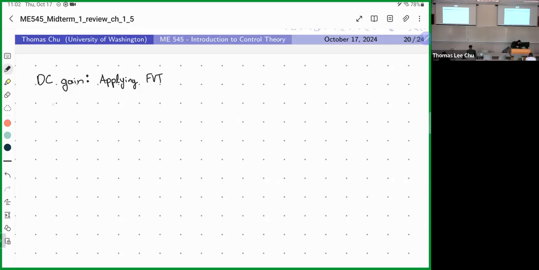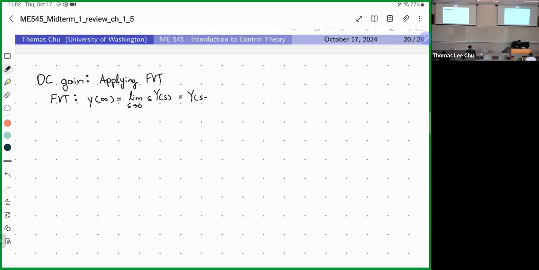Basically the final value theorem states that if I have a function, and I'm going to just use output here, y at steady state, the output at steady state is going to be equal to the limit as s goes to 0 of s multiplied by y of s.